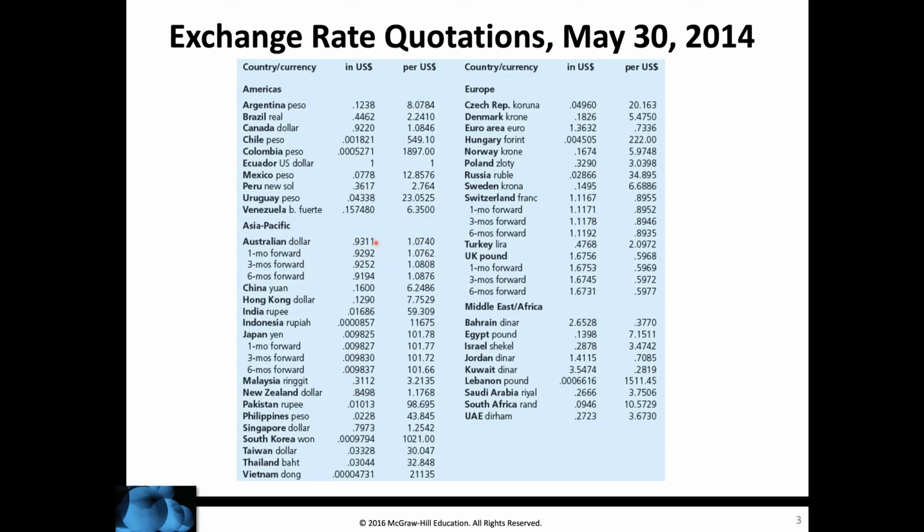You can see what the market is expecting. They're expecting here that the Australian dollar is going to weaken against the US dollar. So it'll cost us fewer US dollars in the future to buy 1 Australian dollar. And so the US dollar becomes more and more expensive as it strengthens against the Australian dollar.